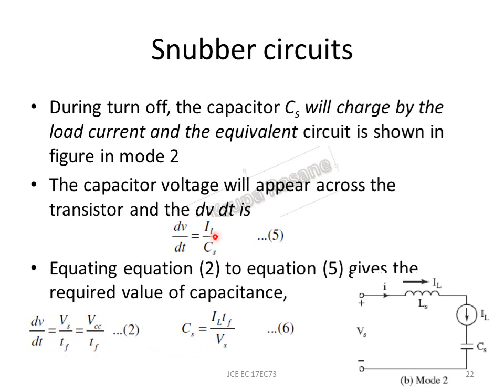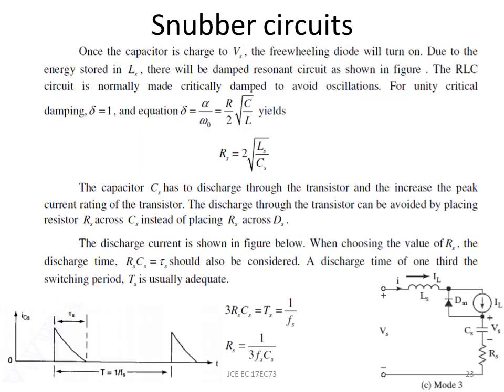And for the capacitor, the equation is I equal to C into dV by dt, that is, the current through the capacitor, so dV by dt is IL upon Cs. Using these two equations, I can find the value of Cs as IL into Tf upon Vs. So we get two equations for how to get the values of the capacitor and inductor.